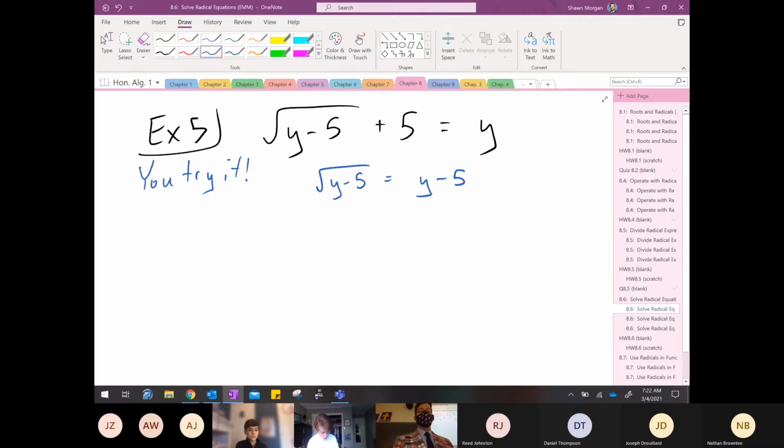You're reading what I already have on there. I want to know what should I do to both sides. I need to perform an operation to both sides to get rid of that radical. You remember what that operation would be? Since it is a square root.